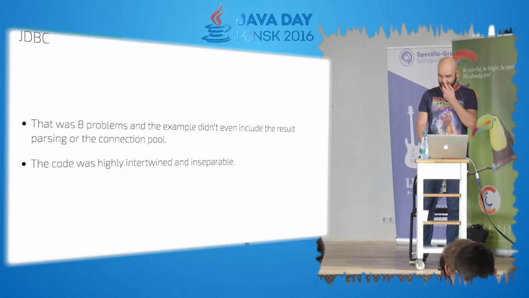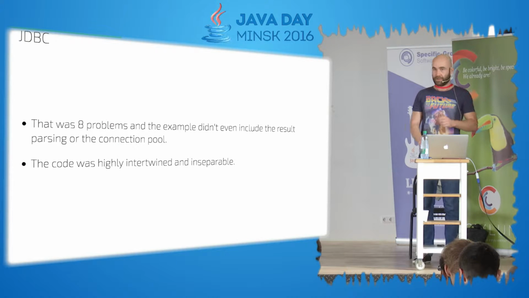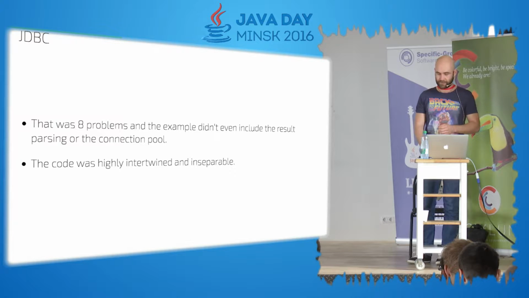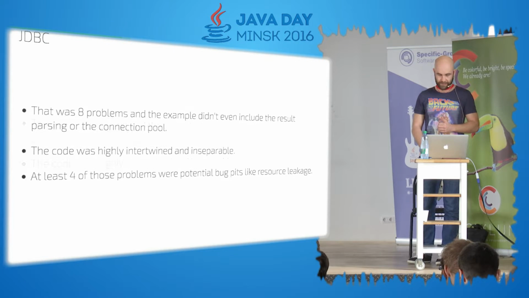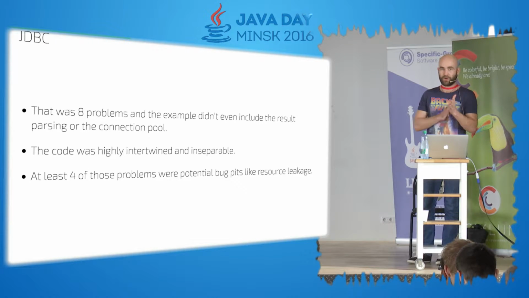And you could see that the code was highly coupled. We couldn't take any piece of it and review it in isolation, and it makes it a tough target to maintain. And at least 4 of those problems were a terrible bug pit.